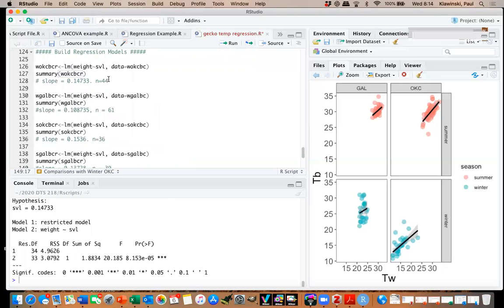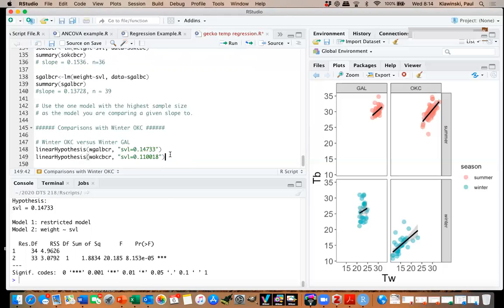Remember that the Oklahoma City data has fewer observations in it. We still get a significant result, but only at the 0.002 level. What's different about the way you're making the comparison is that in this case, you're comparing a slope that is based on 44 observations to a model that is based on 61 observations.